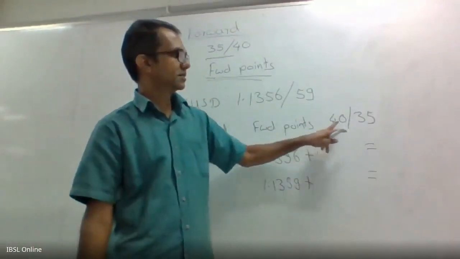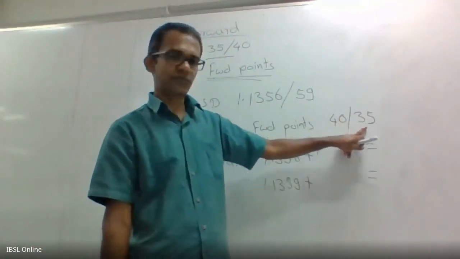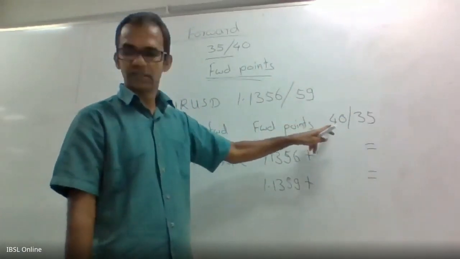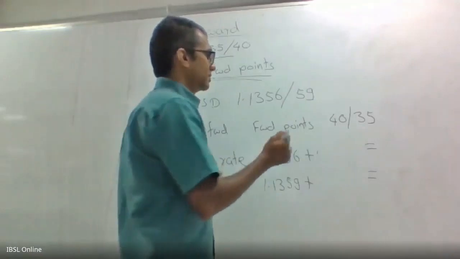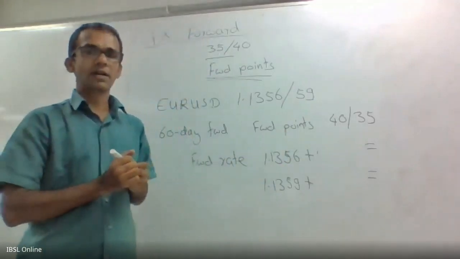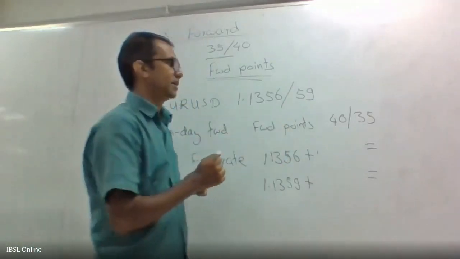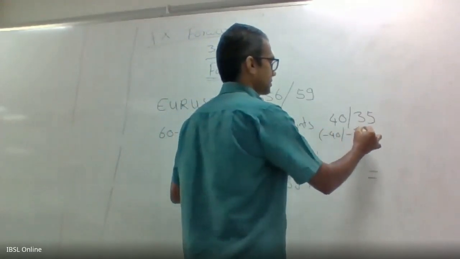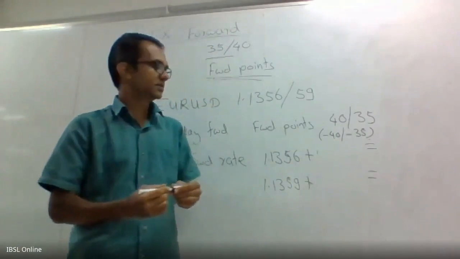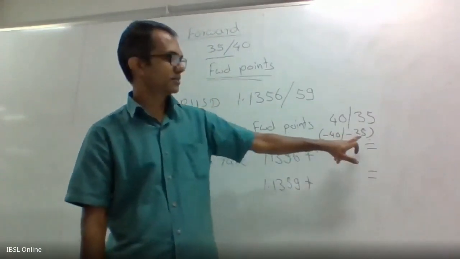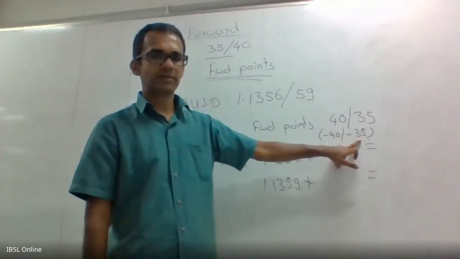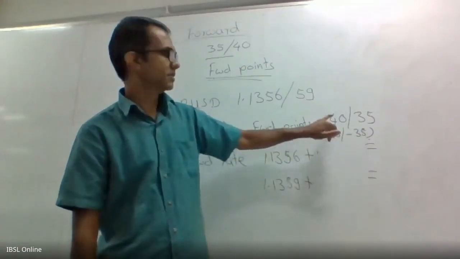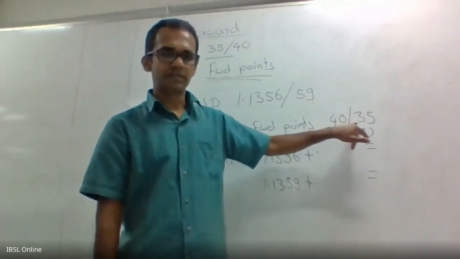When the bid is higher than the offer in the forward points, the real meaning is that the forward points are negative. The meaning is minus 40, minus 35. Now you can see minus 40 is lower than minus 35. So instead of quoting the minus sign, they just quote the figures.